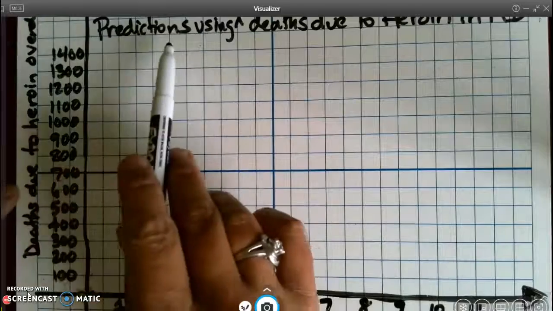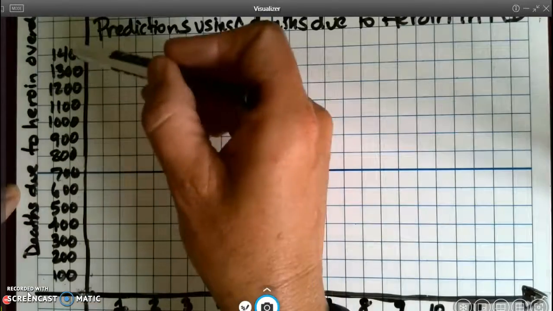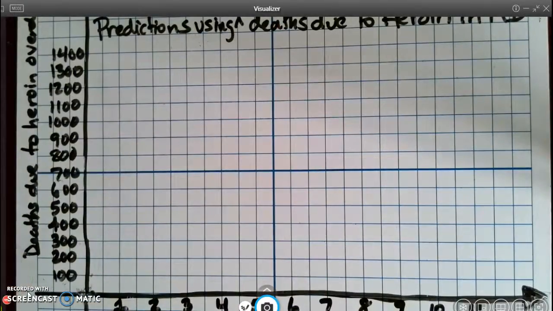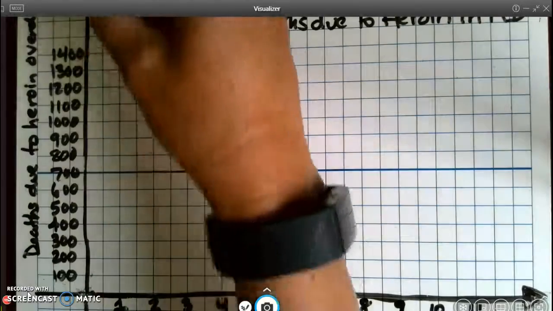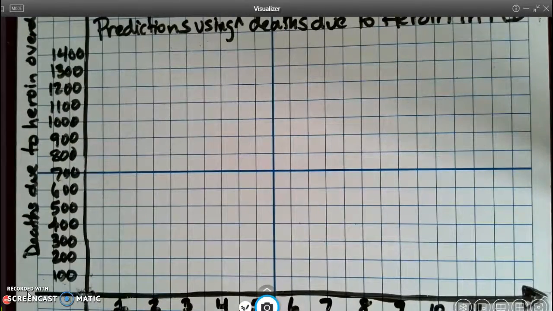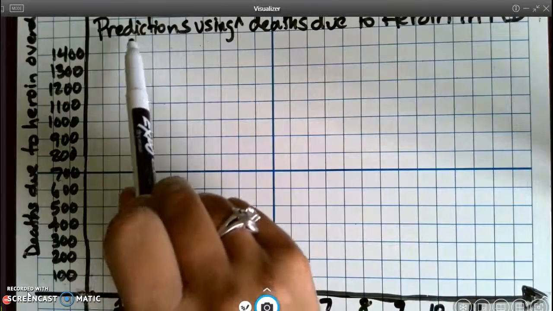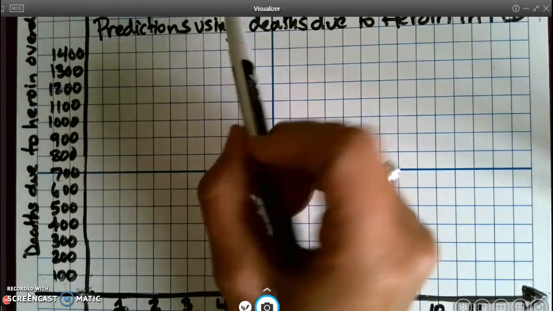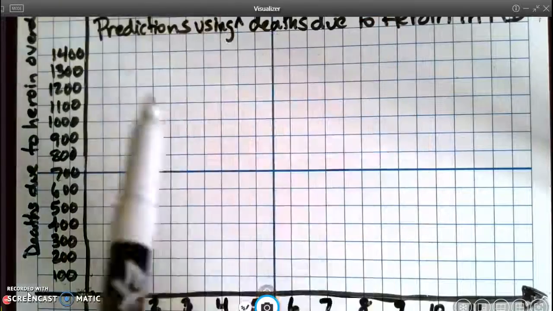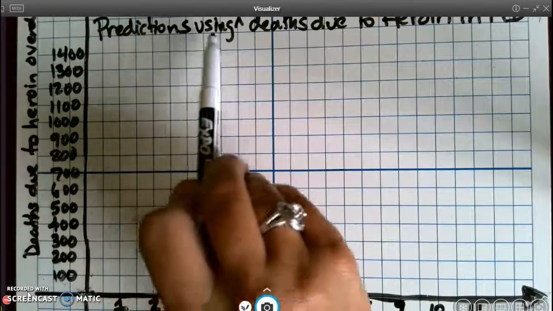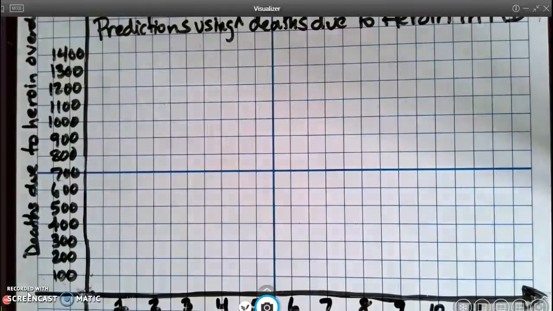Now for my predictions, I might need to label differently. Maybe my predictions are going to go way beyond 1400. So for that second graph, I might have to label my y-axis a little bit differently or make it a little bit bigger. Then I will have a third graph where I do predictions using, and this would not say linear, it would say exponential. My fourth graph, predictions using quadratic model.